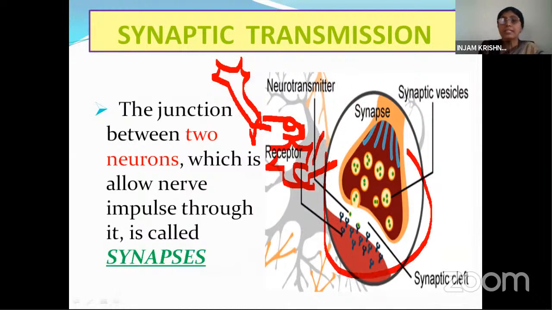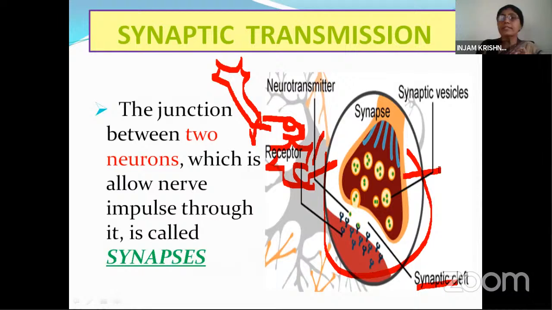In a synapse, what are the components? It is the terminal end of the axon of the first neuron and the knob of the dendrite of the second neuron. The area in between is called the synaptic cleft. It is a very, very small area, maybe 200 to 300 angstroms. So this is one membrane and this is the other membrane.